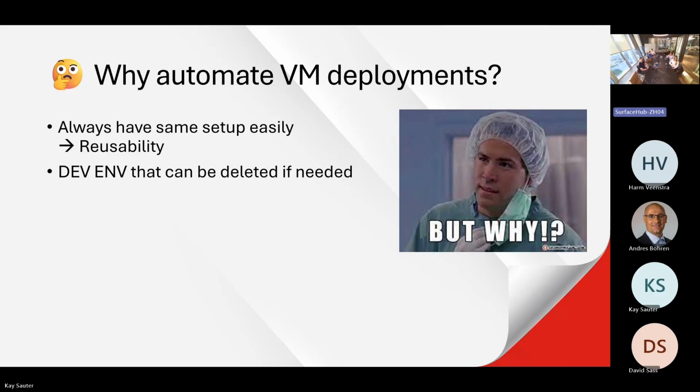You have many use cases that way, because you can reuse the same code again. You can delete it when it's not needed. So if something happens during development, or the customer is done with this showcase you built, then you can just delete it and redeploy it for the next customer.